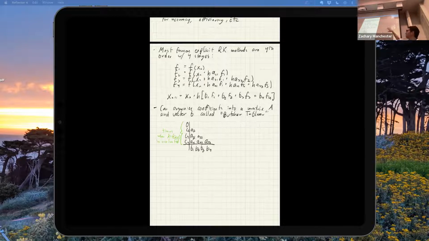Can you tell me anything about the structure of the matrix A if it's explicit versus implicit? For this explicit method, it's lower triangular. What if it's implicit? It can be a full matrix. So you can tell by just looking at the Butcher tableau that if it's an explicit method, the A matrix has to be lower triangular. That's the causality thing, that it's only using past stuff. Cool.